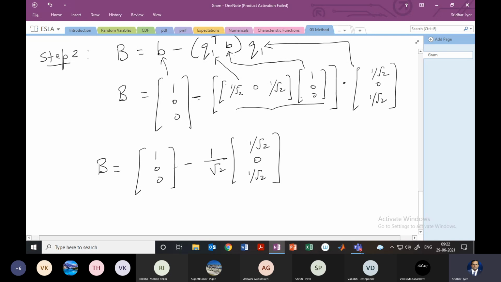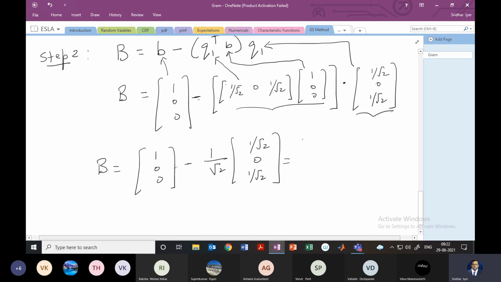I have multiplied this bracket, and that answer is 1 by root 2, because you have 1 by root 2, the first factor, multiplied with 1. The other two factors are 0 and 0. So I'll just get 1 by root 2 and multiplied with this. I'm sure you understand how we are getting it. So this answer here is 1 by root 2. And then multiplied with this bracket.